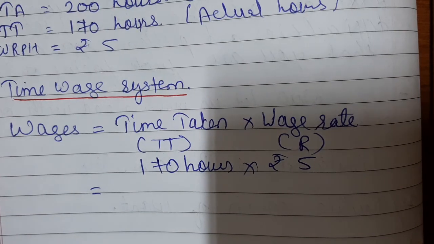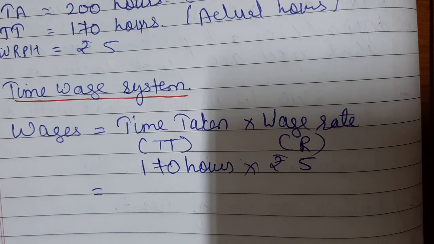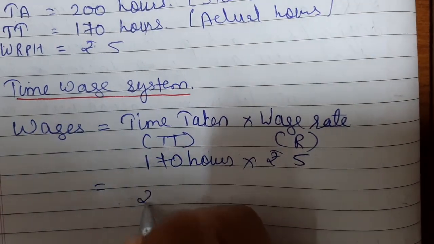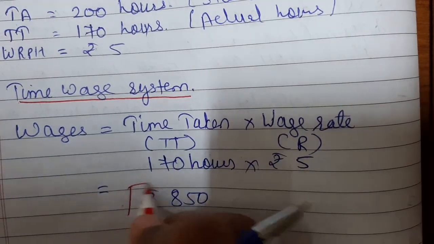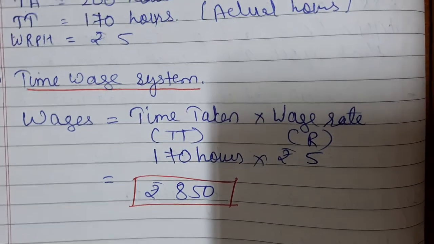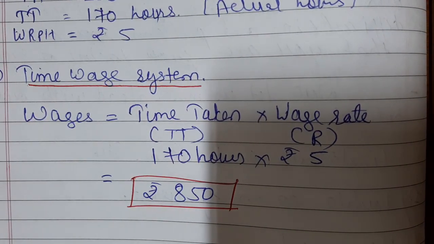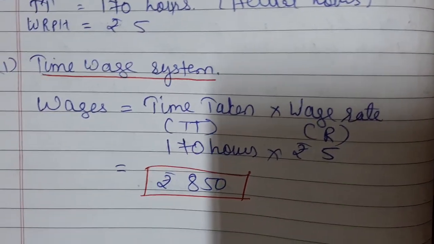So wages will be 170 into 5, that would be ₹850. This is the wages paid to the workers as per time wage system.